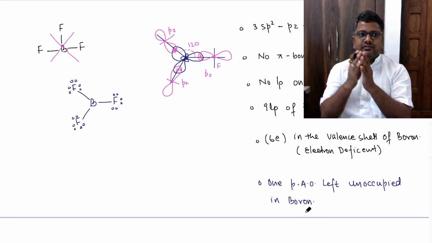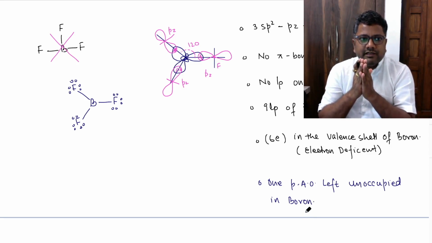This is also an important feature. So in the BF3 molecule, there is one atomic orbital which is left unoccupied. Okay.